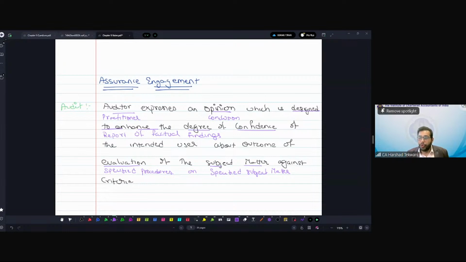So when you take an engagement under which there is no assurance element, for example, preparation of tax services, consulting or advising the client on tax, preparation of GST returns, whatever you name it, where there is no assurance involved, in that case, if you perform those kinds of procedures, they are known as related services. Now, these related services basically can be an agreed upon procedure or a compilation engagement.